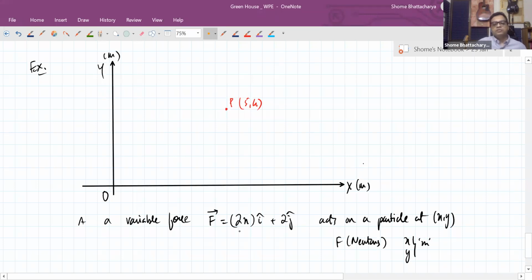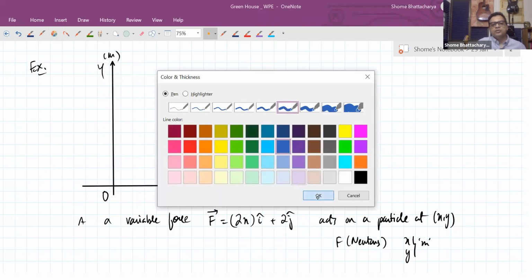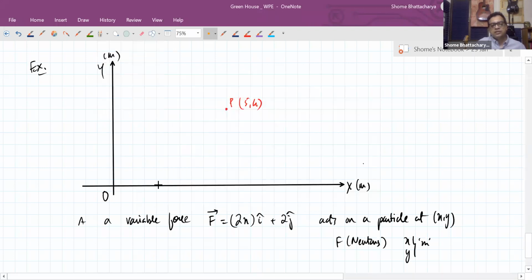So this type of variable force acts on a particle when it is located at this position. Now the question is going to show us two possible paths. One path is like this, from the origin to the point P, first going along the x-axis and then taking the route parallel to the y-axis. So this is path 1.